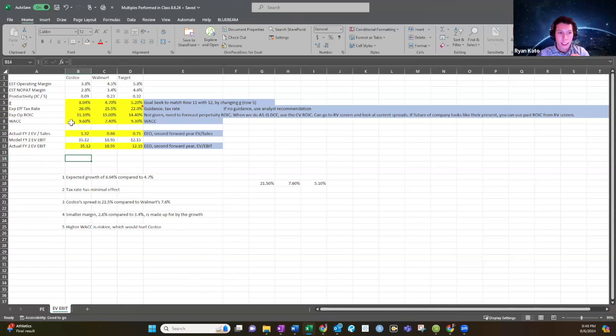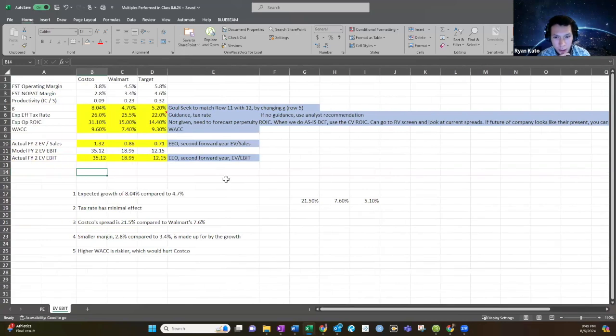I guess I can kind of chime in. I think you may have an idea. So even though Costco does have worse margins than Walmart, across the board with 3.8 to 4.5, 2.3.4, their productivity is significantly better, being at 0.3 to 0.23.